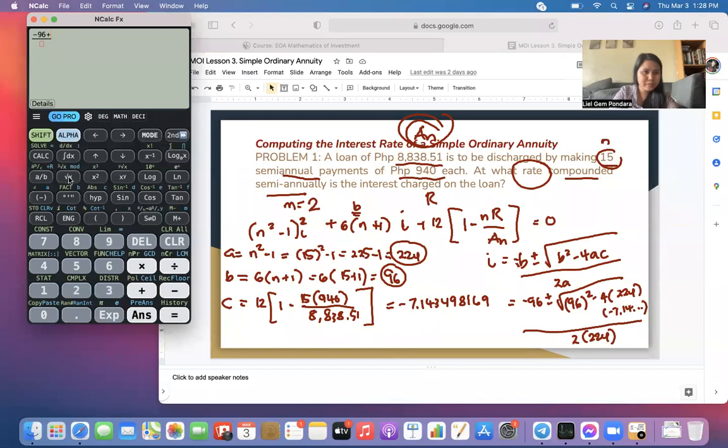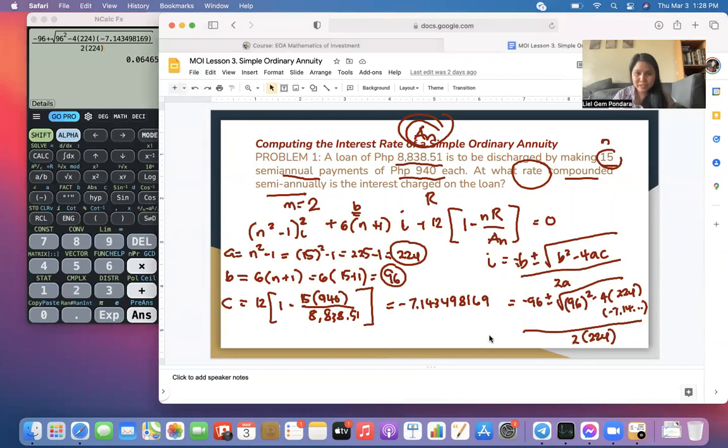Plus square root of 96 squared minus 4AC, negative 7.498169, all over 2A here.